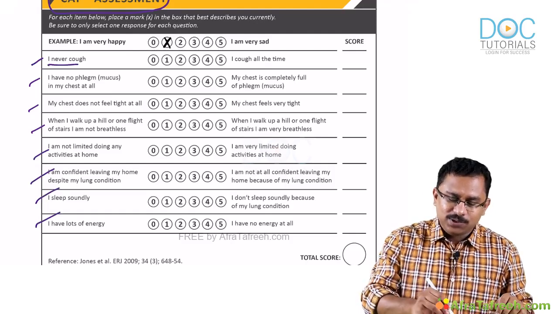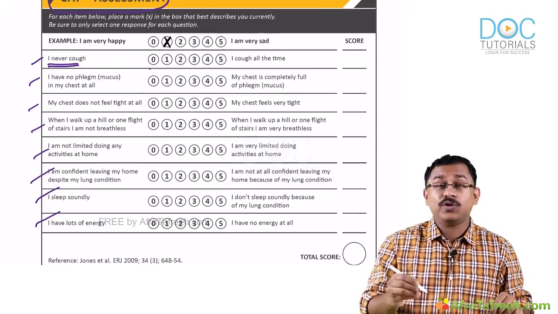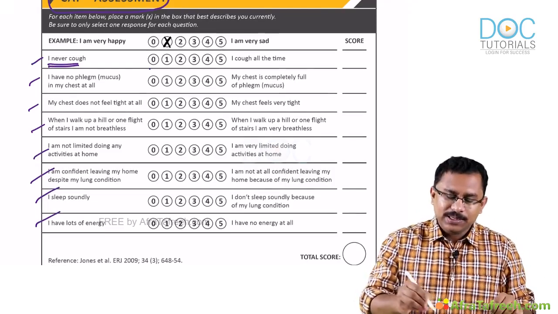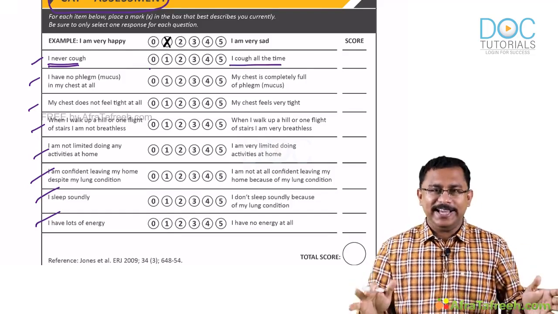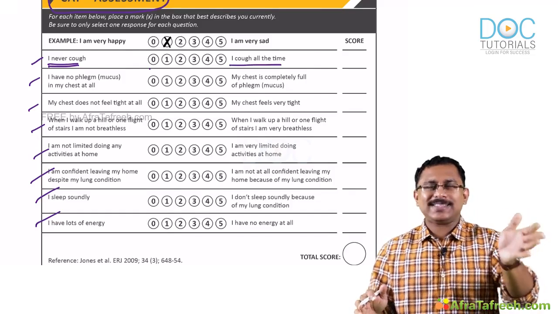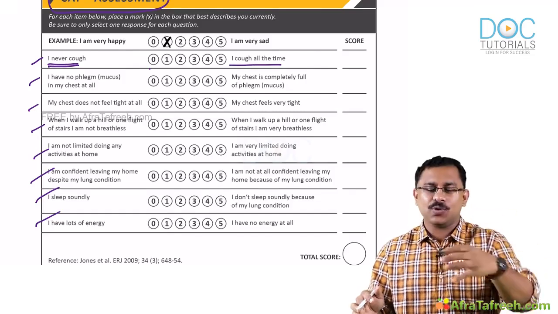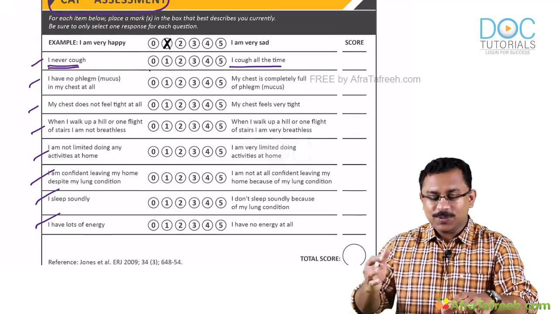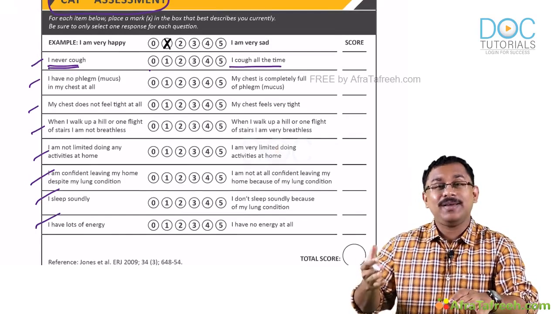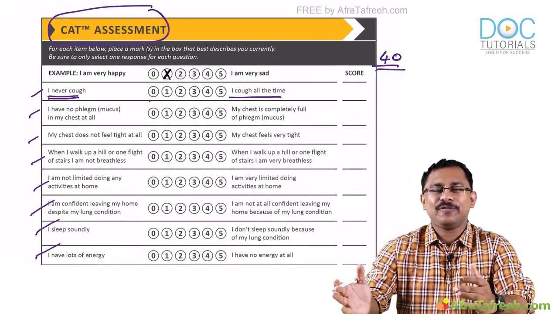For example, there is one parameter regarding cough. You have scoring from 0 to 5 for each parameter. 0 means he has never had cough. 5 means he has cough all the time. So he can put a particular score on a scale of 5; he might put a 3, he might put a 4. Which means the maximum score can be 40: you have got 8 parameters with a score of 5.